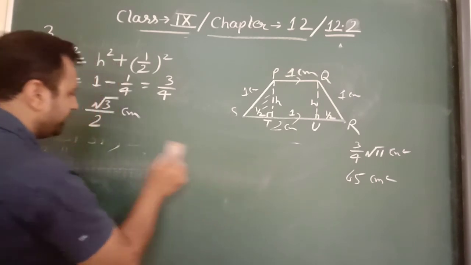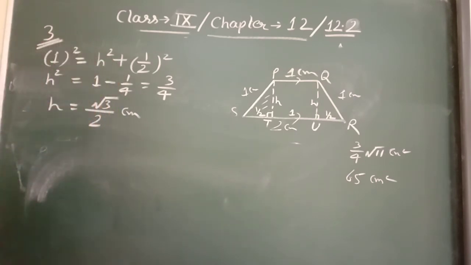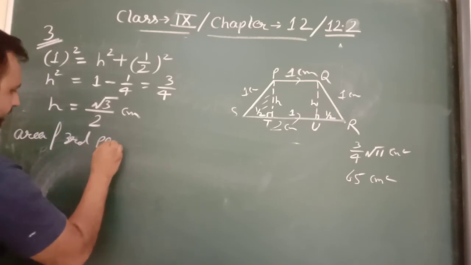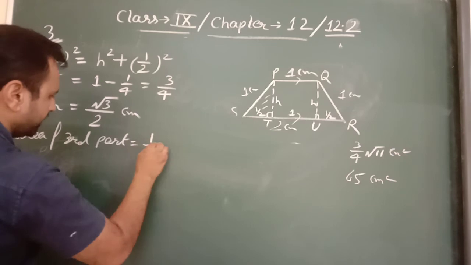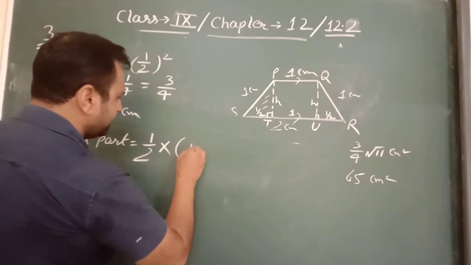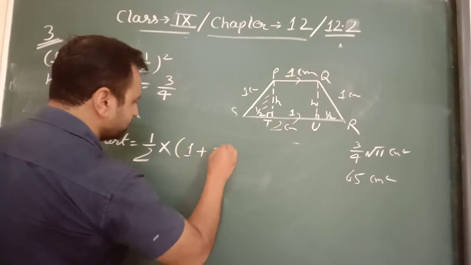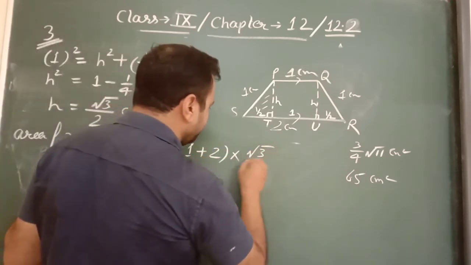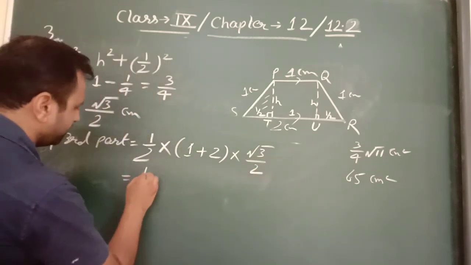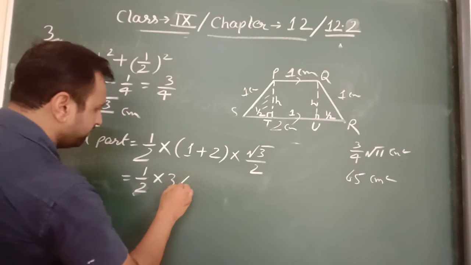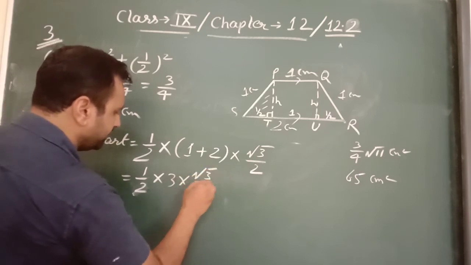Now simply we calculate area of third part. So area of third part is 1/2 multiply in the bracket sum of parallel sides, it means 1 plus 2, and multiply height which is under root 3/2. 1/2 multiply 3 multiply root 3/2.